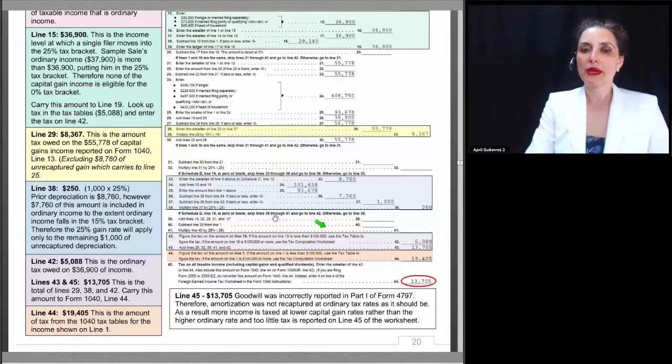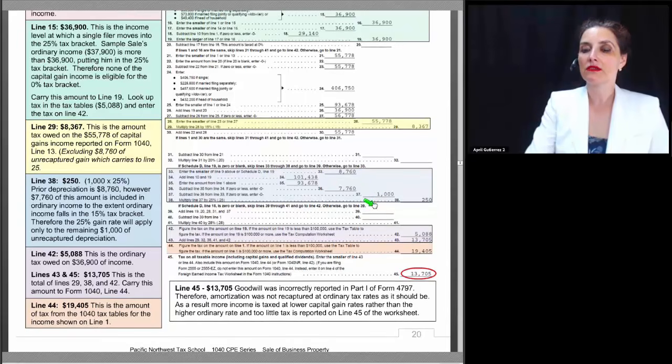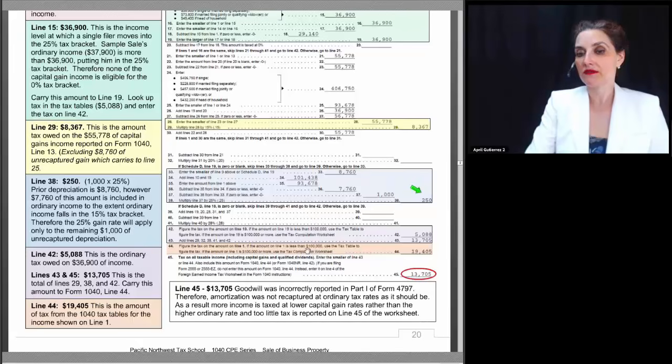The interesting thing about the way this worksheet works is that to the extent the recovery or unrecaptured Section 1250 gain falls for a person in the 15 or 10% brackets, it is treated as ordinary income. So we're determining how much of the unrecaptured Section 1250 gain is included in ordinary income. And when we're done, we determine that $7,760 of it is includable in ordinary income, leaving only $1,000 that is going to be taxed at the 25% rate. And so we're then going to take that $1,000, multiply it by 25%, and we get $250.